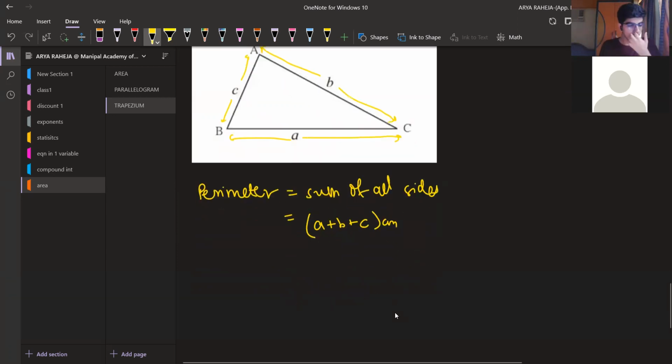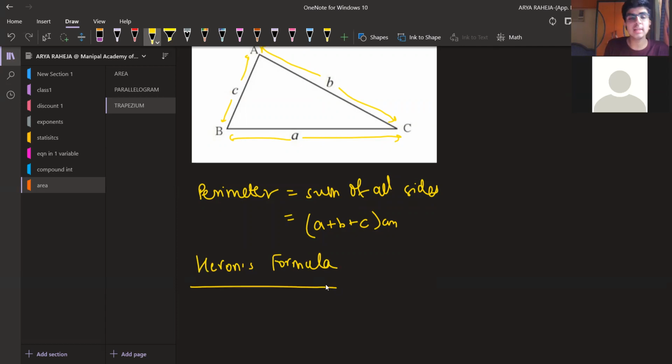Okay, and now to find the area of this, we use a formula, and everyone write this down. It's called Heron's formula. This guy's name is Heron. When he discovered this formula, everyone in his village started calling him a hero, because it was such a great discovery.